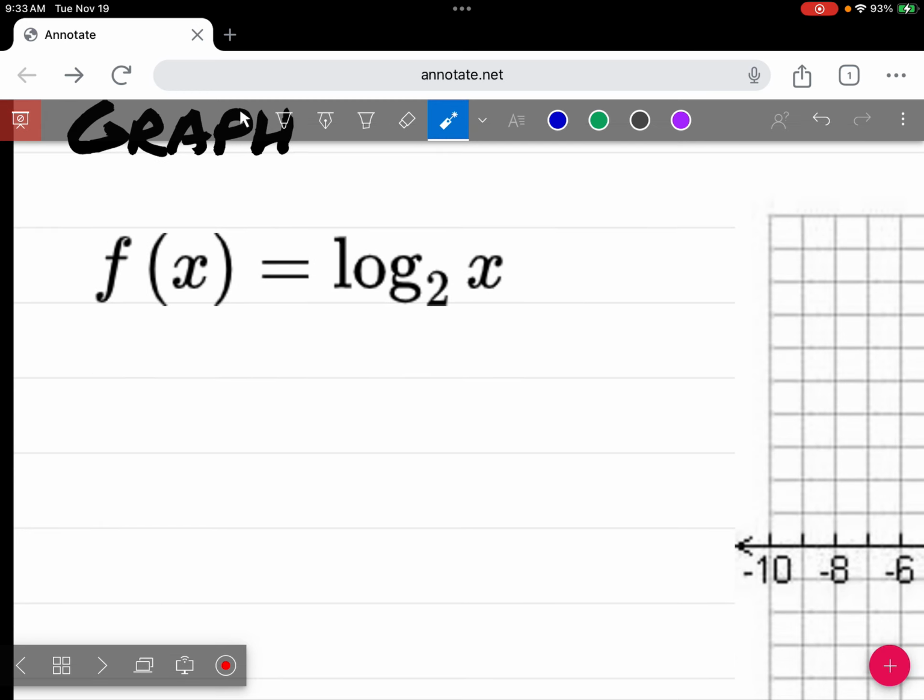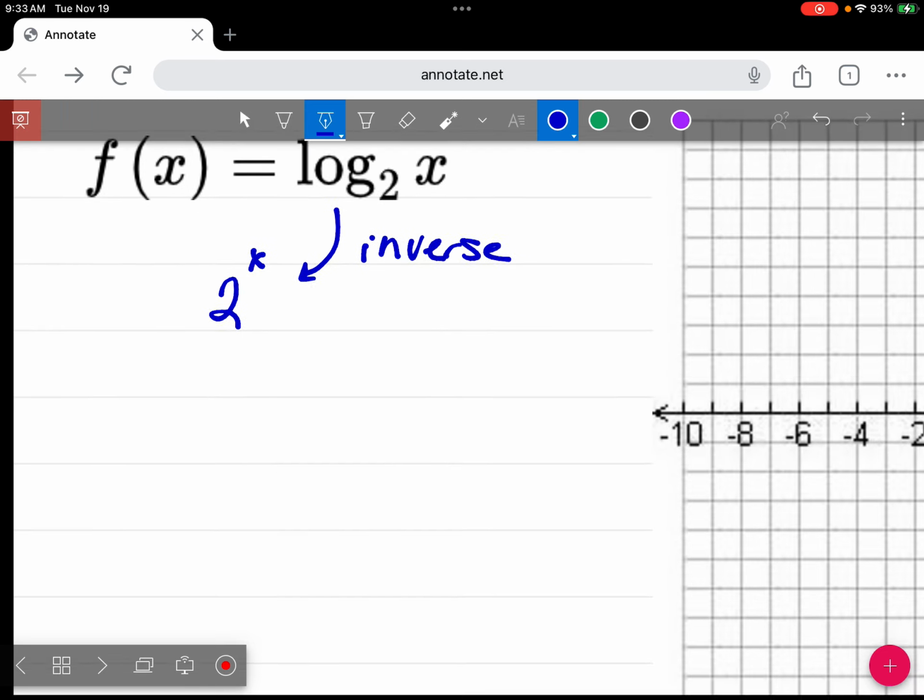This one, log base 2, is specifically the inverse of which exponential function? 2 to the x. So this is the inverse of this.